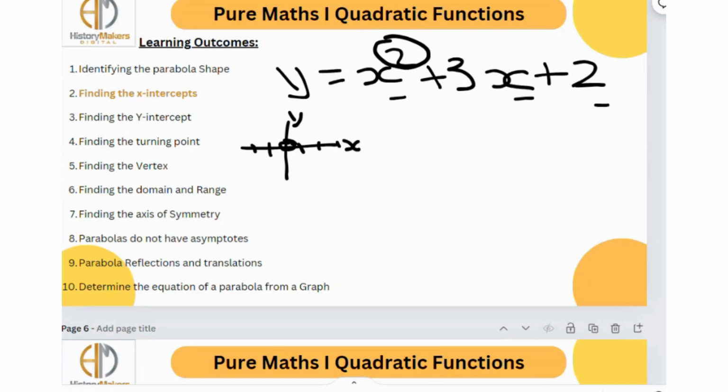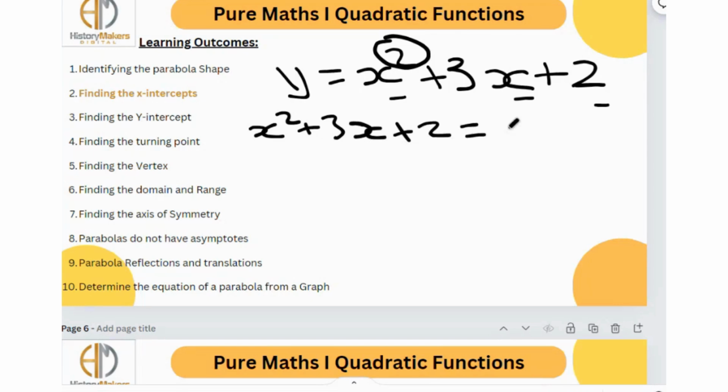So what that means is that we will have to take our equation and make it equal to 0, because that's where y is 0. So it will change shape and look like this: x squared plus 3x plus 2 equals 0, because we now know that y must be 0, because that's where the x-intercept is.